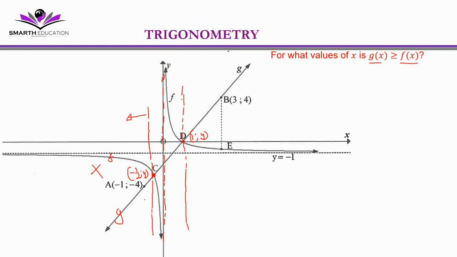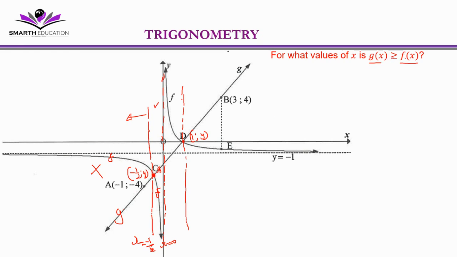Right. And then between the line x is equal to negative half and the asymptote x is equal to 0, g is above f. You see that? g is above f. So that's the region we're looking for. And then we're saying that g of x is greater than or equal to f of x.